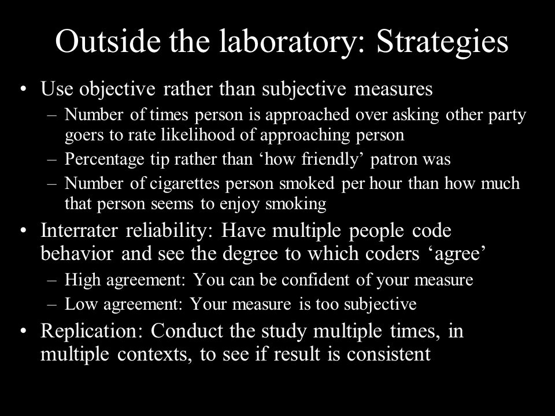Another thing that you can do is have multiple people rate the behavior. So if you have 2 people observing a particular thing outside of the laboratory and they both agree, you can be more confident in your measure than if 2 people don't agree. And again, replication is always important. Conduct your study multiple times, in multiple contexts, and see if the result is consistent.